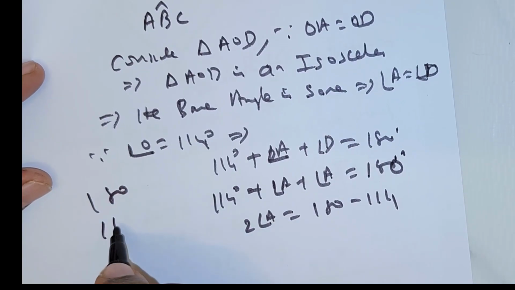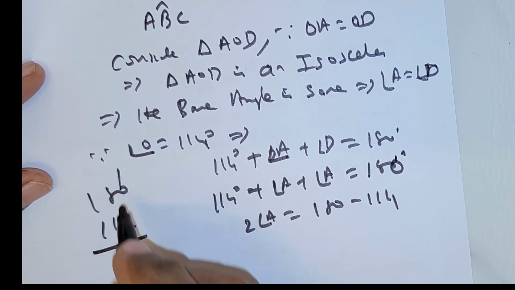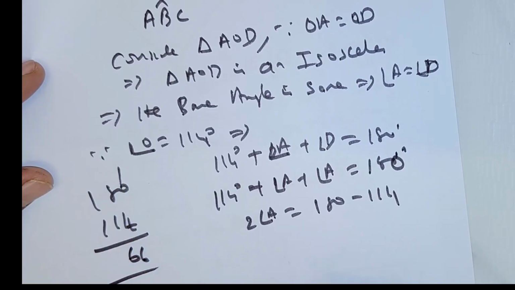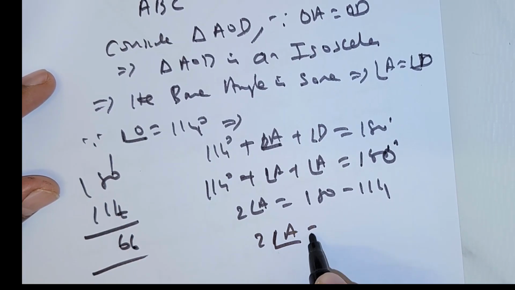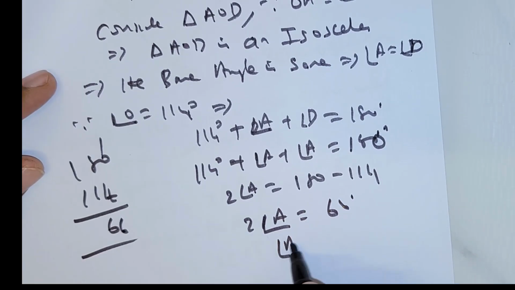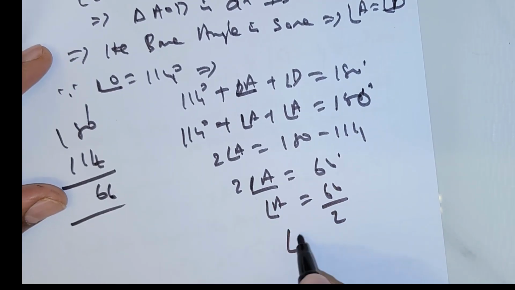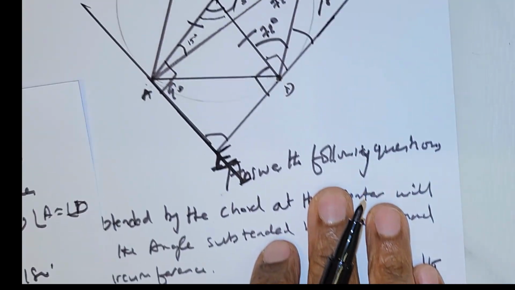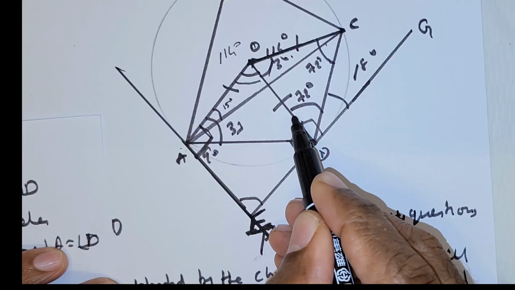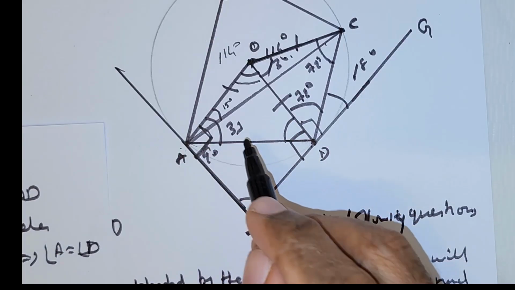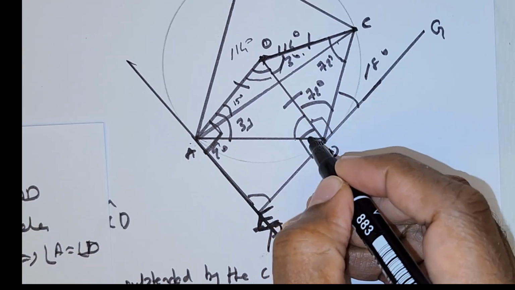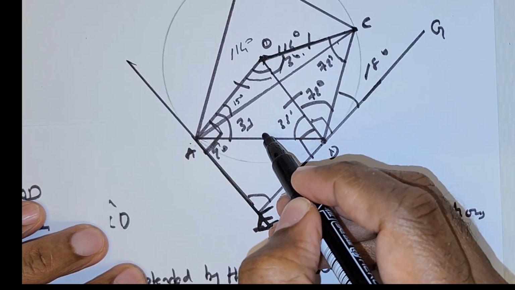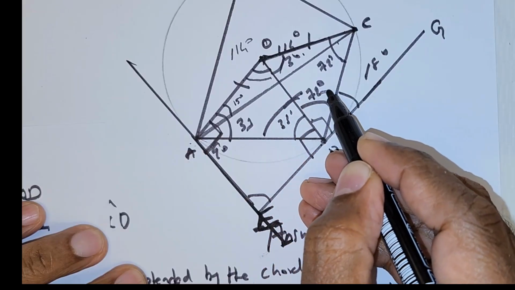From 180 you take 114 out: you get 66. So 2 times angle A is 66, so angle at A is 66 over 2, which is 33 degrees. So angle at D is also going to be 33 degrees. Now we want to get this entire stretch.